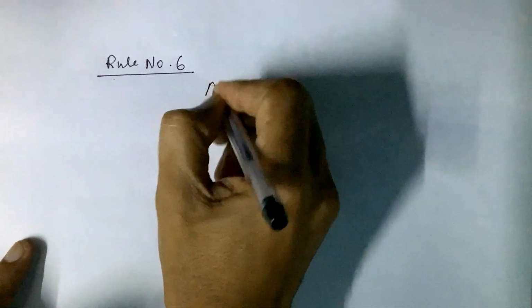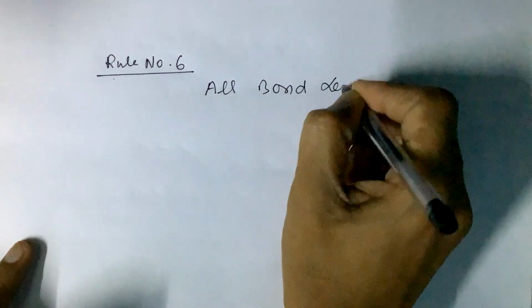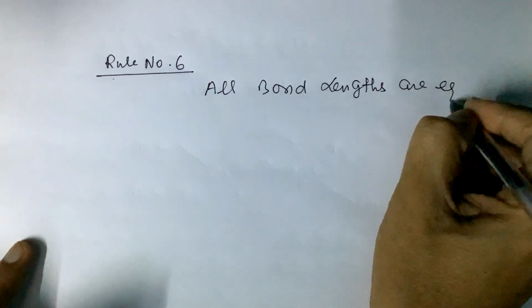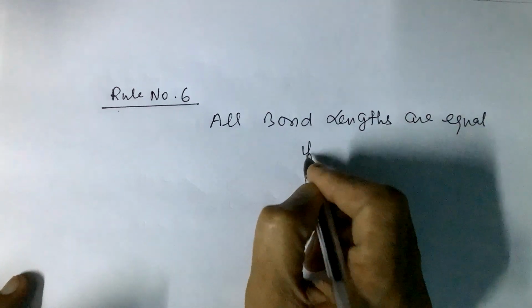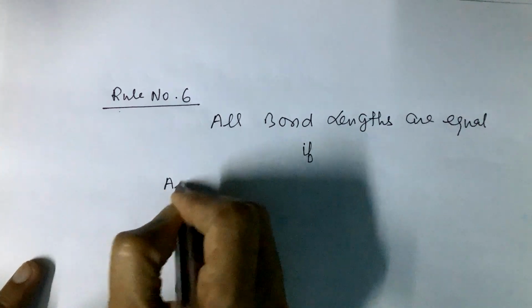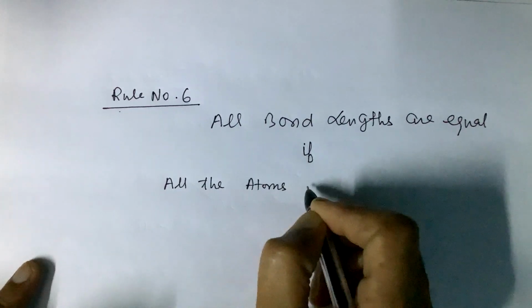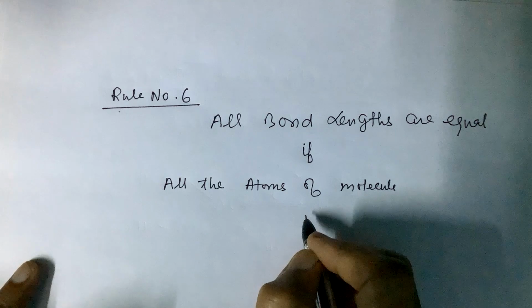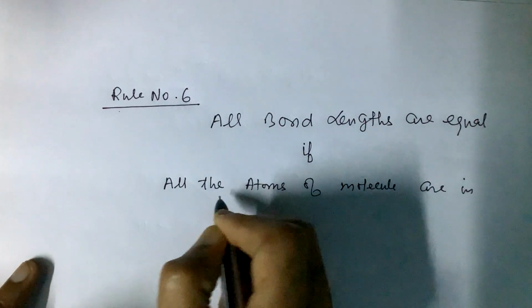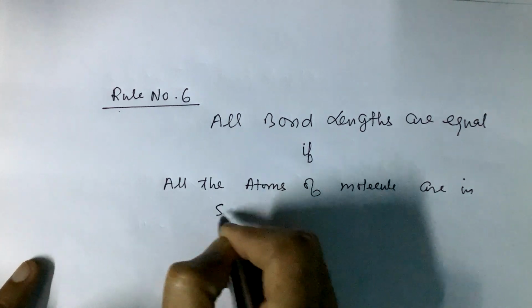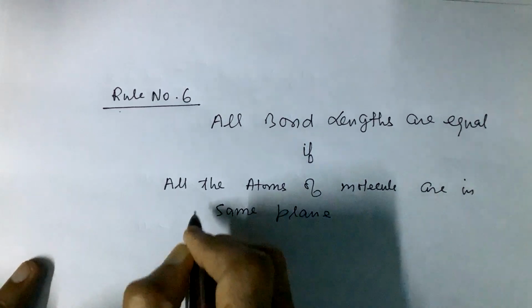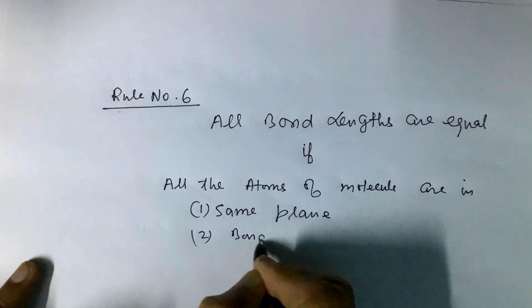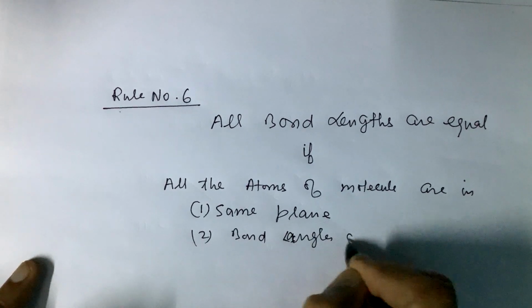Now we come to rule number 6. Rule number 6 is all bond lengths are equal if all the atoms of the molecule are in the same plane, and bond angles are the same.